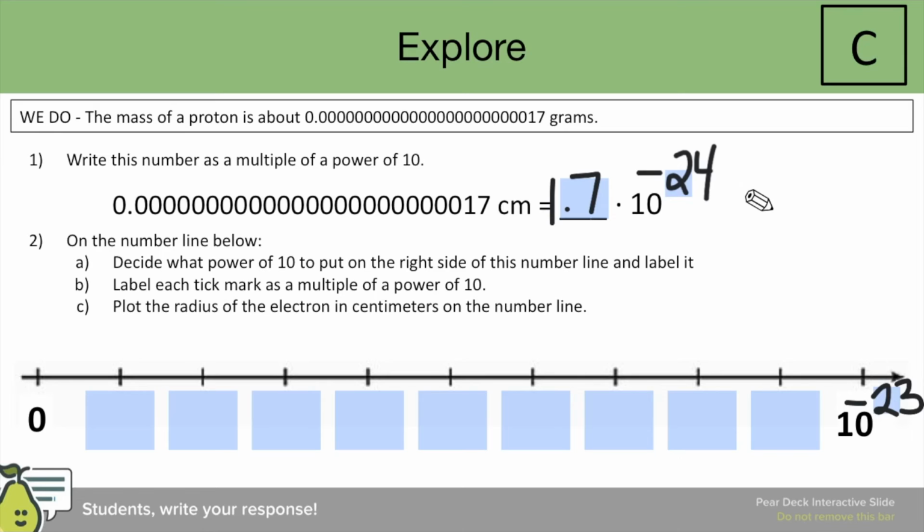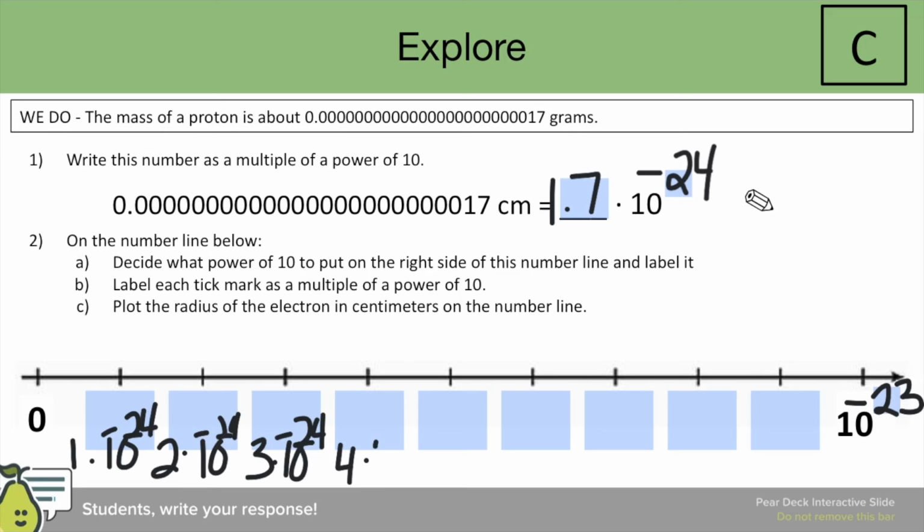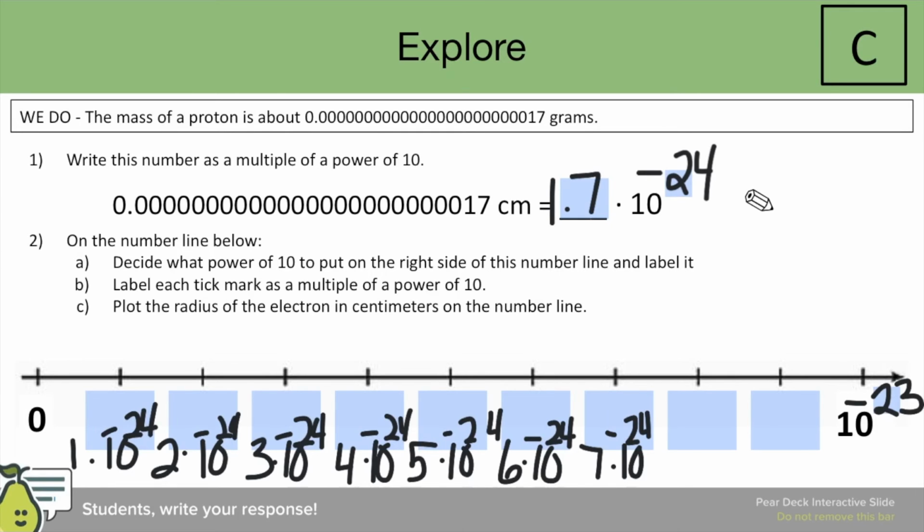And now we're going to label each tick mark. So 1 times 10 to the negative 24th, 2 times 10 to the negative 24th, 3 times 10 to the negative 24th, up through 8 times 10 to the negative 24th, and 9 times 10 to the negative 24th.